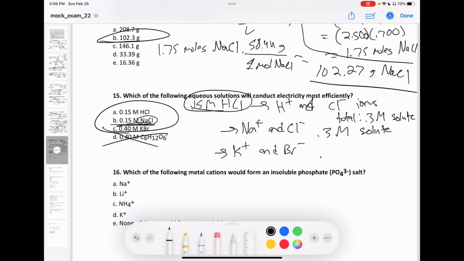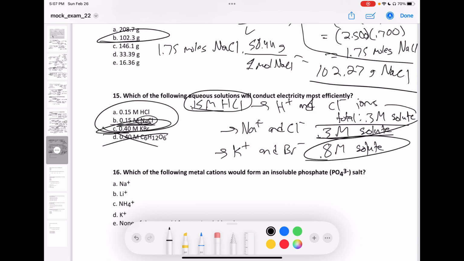So then that total molarity at the very end, after all that dissociates, will be 0.8 molarity of solute, which is way bigger than these two. So yeah, the most amount of solute concentration will conduct the electricity most efficiently. So we know it's KBr, so it's choice C.